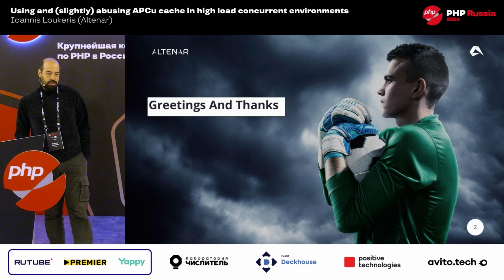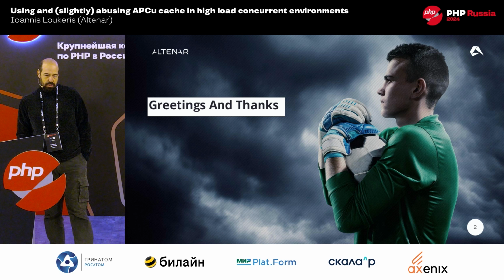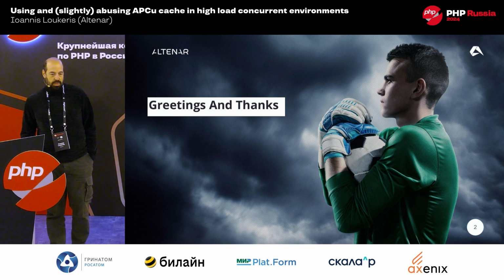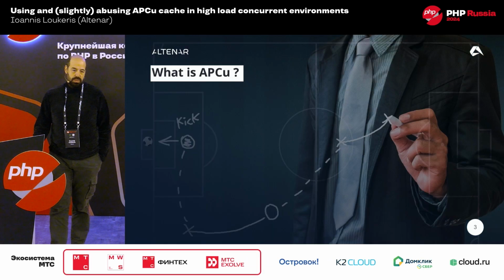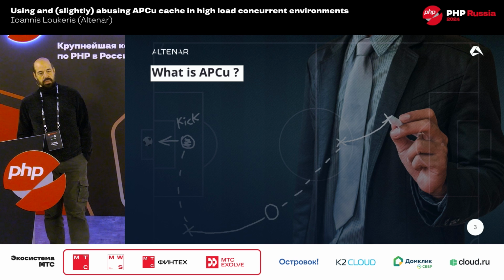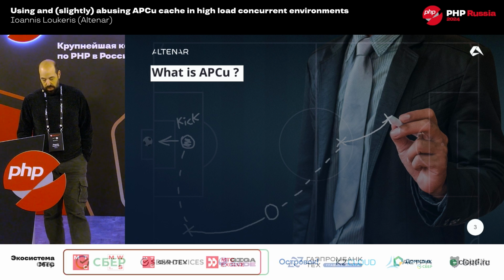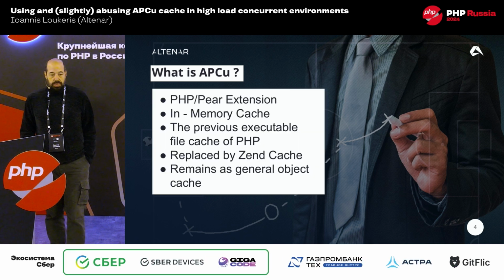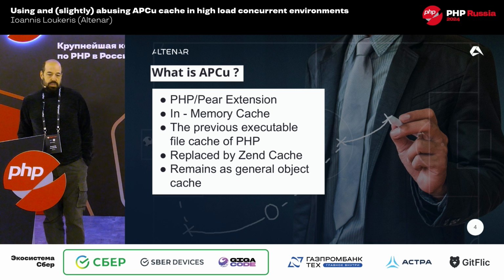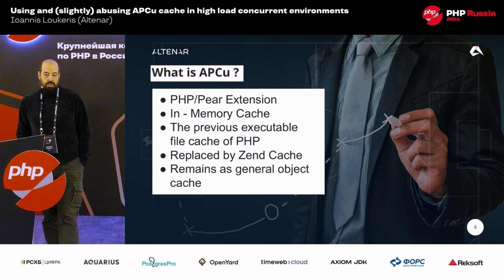I'm going to tell you a story about APCu and myself. But before that, let's see what exactly is APCu. APCu is a PHP PECL extension. Usually it's installed via PECL.